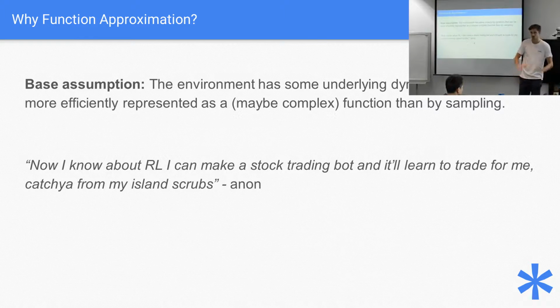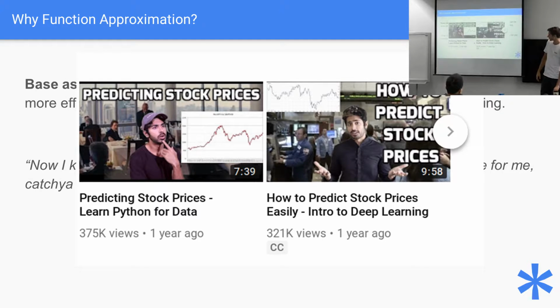But if we're talking about the whole general stock market and modeling the whole thing, no neural net is ever going to be able to do that, at least for the foreseeable future. Yeah, so you sometimes see videos like this about how to predict stock prices. This does not work in this way.